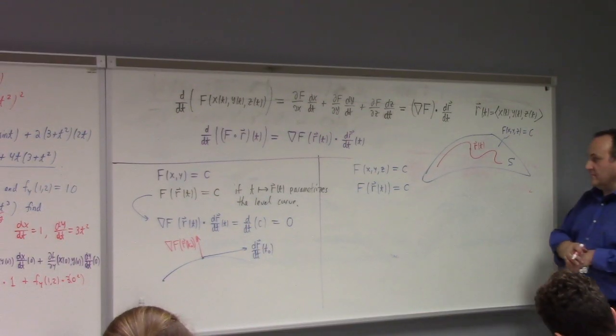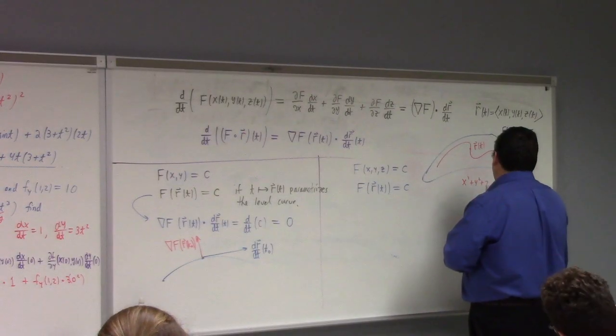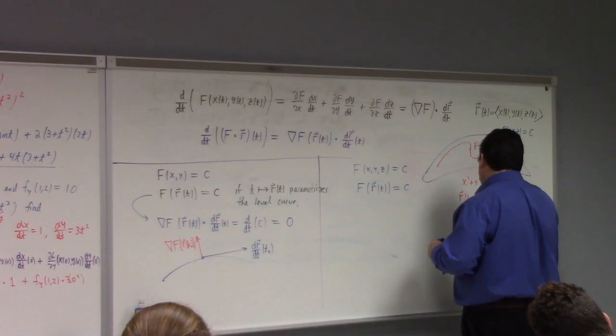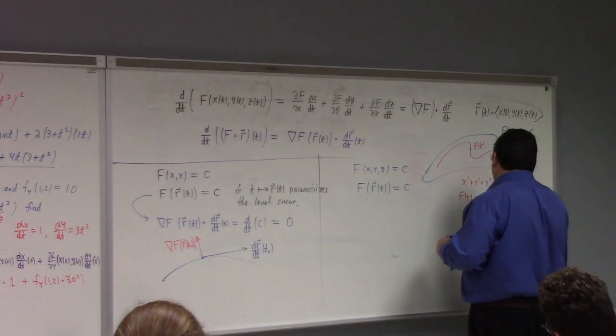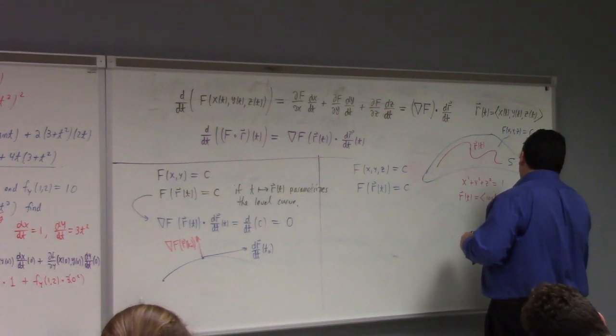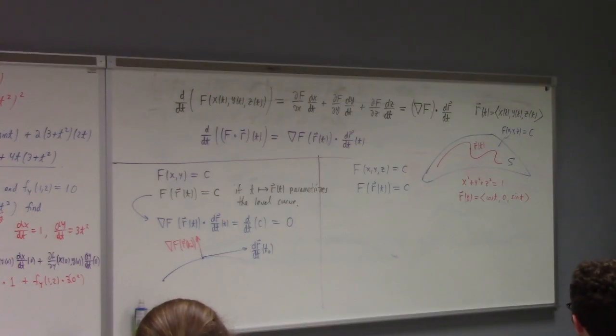So, for example, we could have x squared plus y squared plus z squared equals 1 as my equation, and my path might be cosine t, 0, sine t, right? There you go. That's a particular path on the sphere.